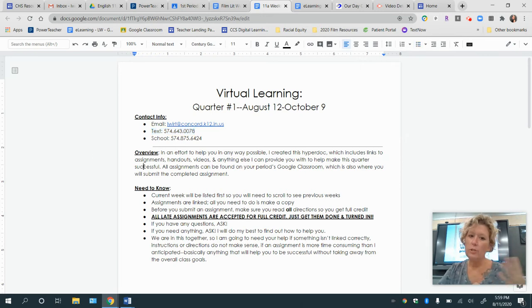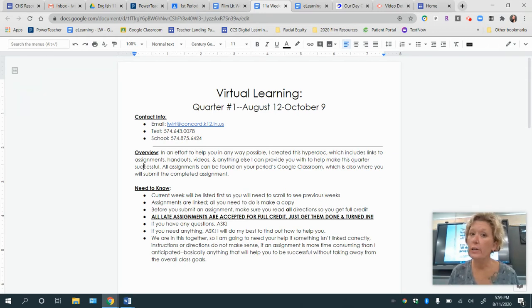So here's an overview, and this basically says that I'm trying to find a way that gives you a single location to locate all of the information that you need. It'll be linked here. There'll be some explanation, but it's up to you to open the links with assignments so that you get the full direction.